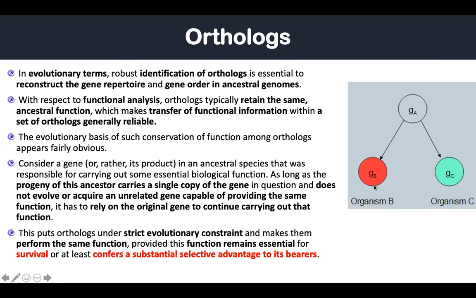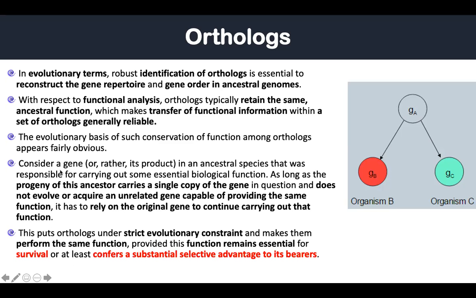They normally maintain the function unless the function is no longer needed for the survival of the organism. If it's not needed, then eventually it will disappear from the genome, right? But if it's still required for survival, it will maintain the gene over the years, over the decades, over the centuries, and it will still maintain the same function, right?